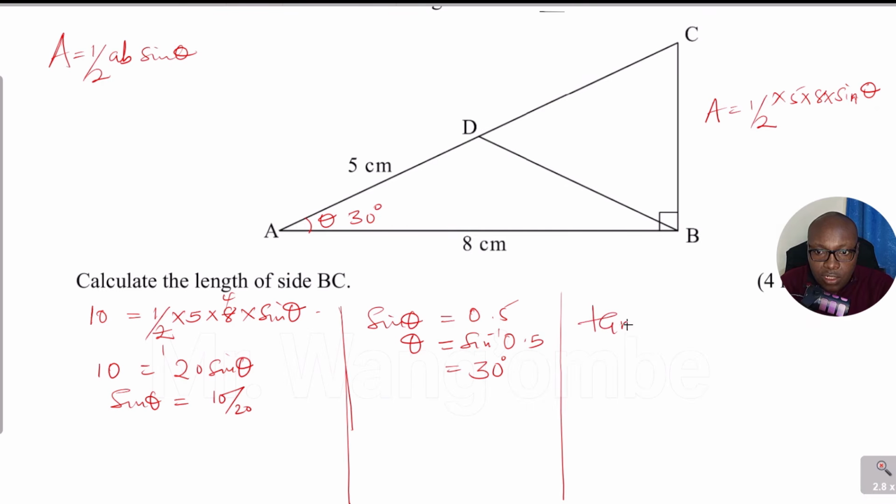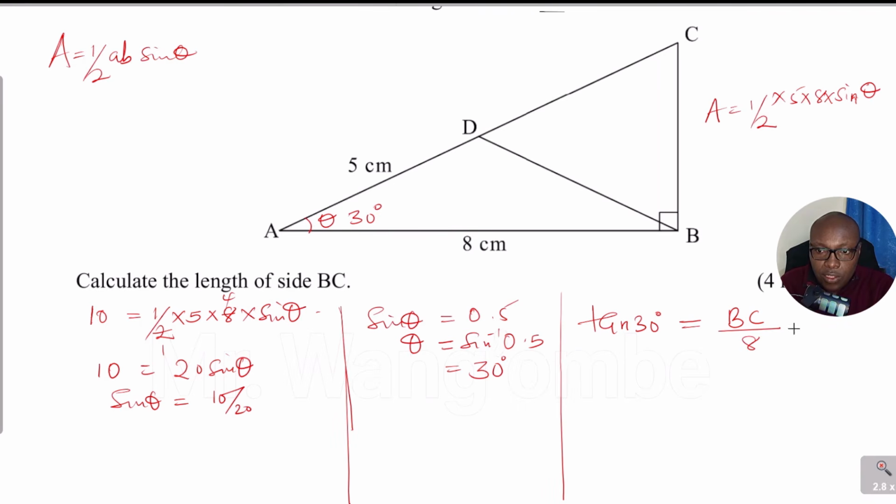So tangent of 30 degrees is equal to the opposite. Now you're considering triangle ABC, the opposite side, which is BC, over the adjacent, which is AB, and AB is 8.